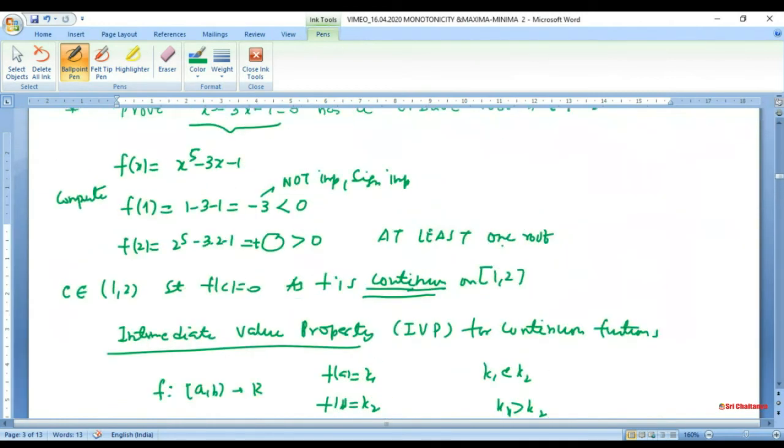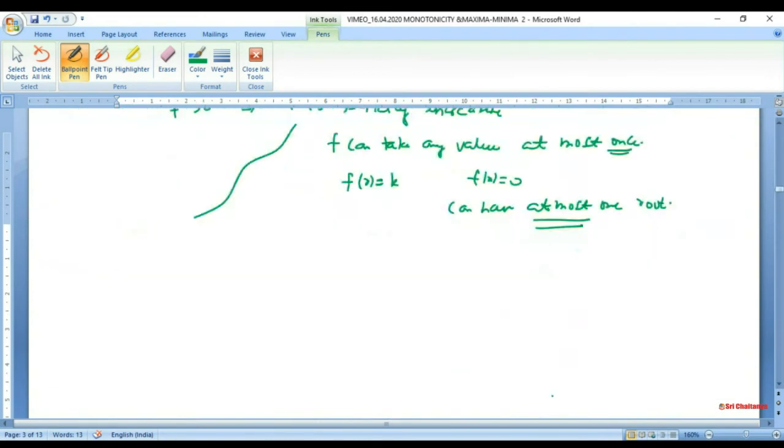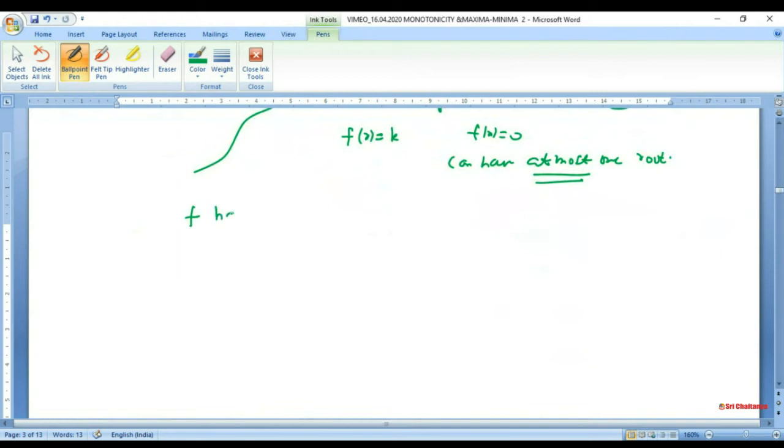The only way both are true is when f has exactly one root in (1, 2), and then we are done. We can also write [1, 2] because it does not have a root at 1: f(1) is not 0, f(2) is not 0. So even if you write the closed interval, nothing would matter.